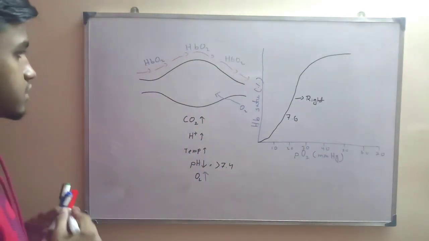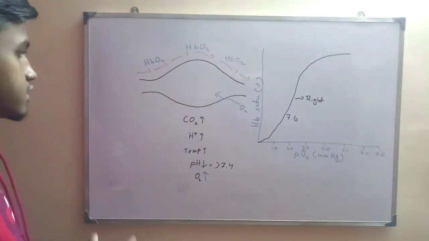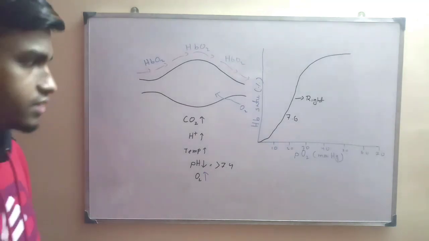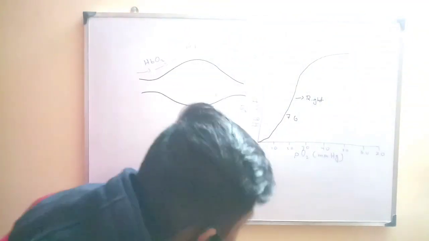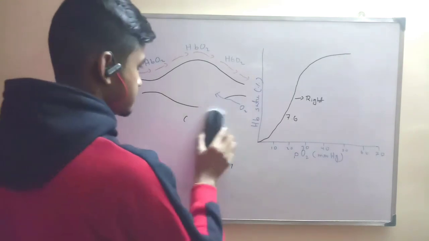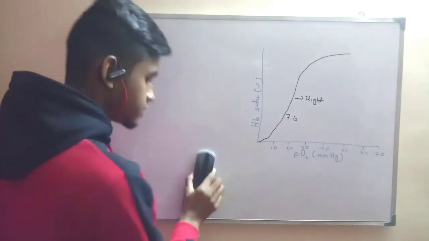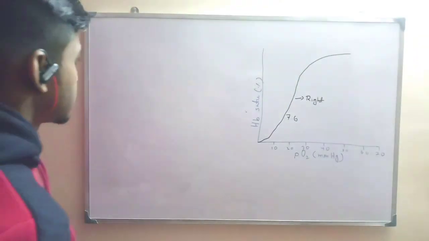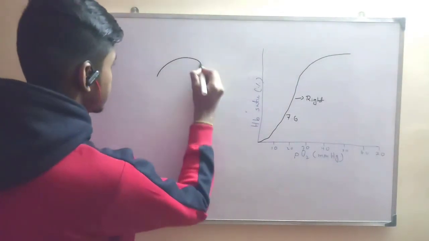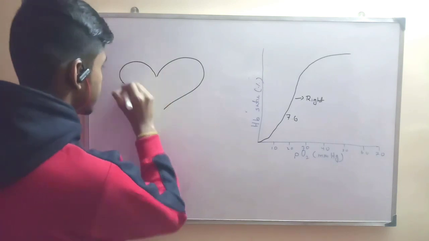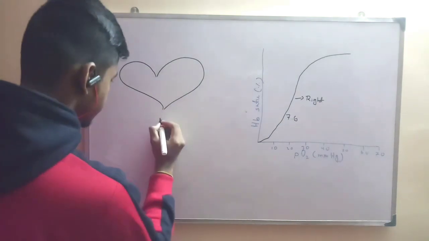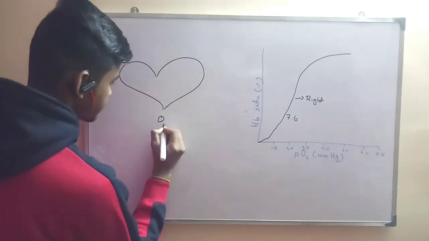Now this scenario actually occurs in the muscle cell. But what is the scenario which occurs in the human heart? So let's talk about the human heart. Suppose it is a human heart, and this human heart contains a high level of O2.